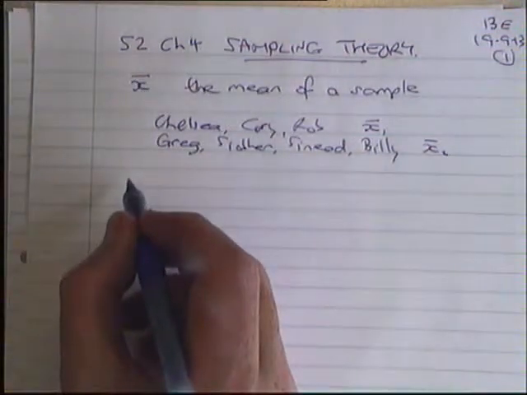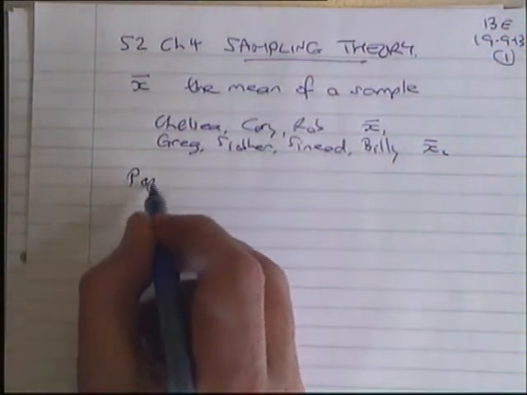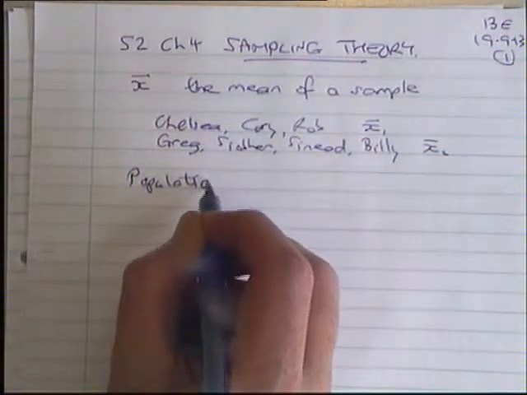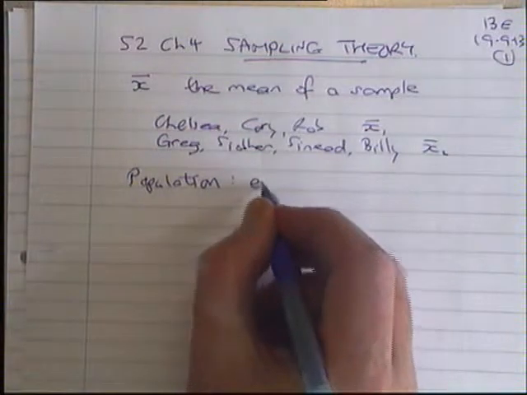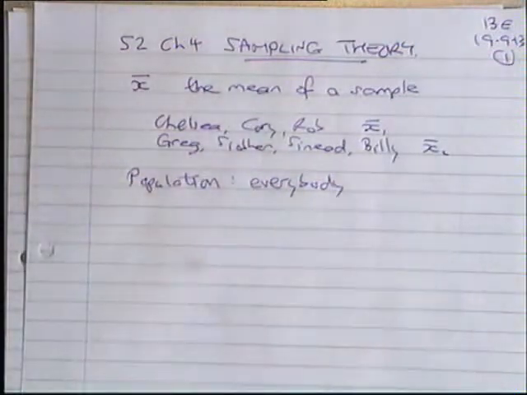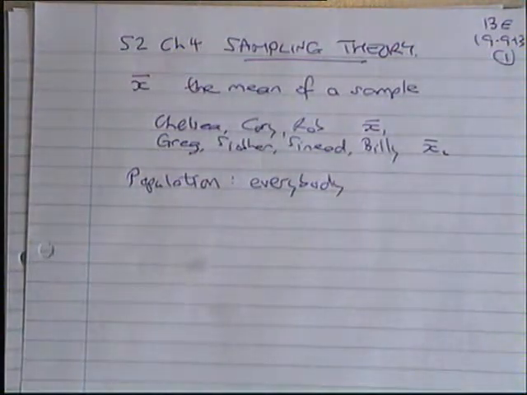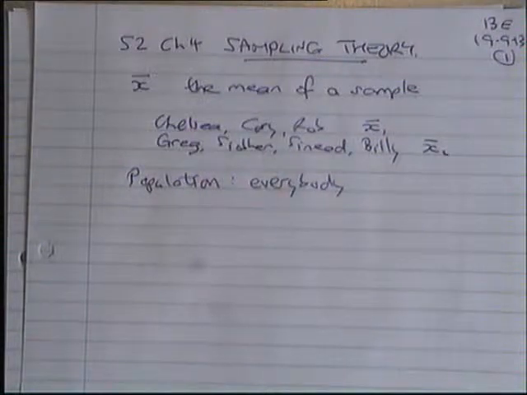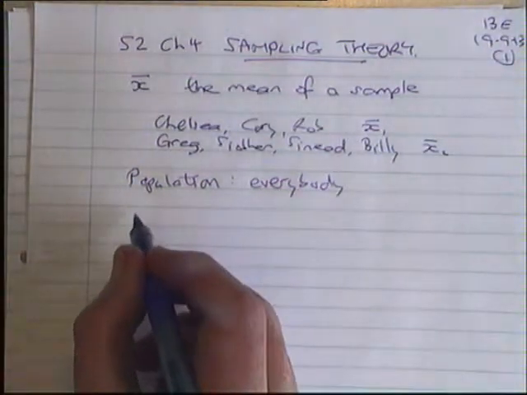Okay. If we just make a note of what a population is, a population is everybody, or if we're talking about leaves on a tree, every single leaf. There's a big tree over there outside the sixth form. If I want to know the average length of the leaves on the tree, I don't think anybody would actually go and measure every single leaf on there. If they did, and they worked out a mean, then they would know the population mean.